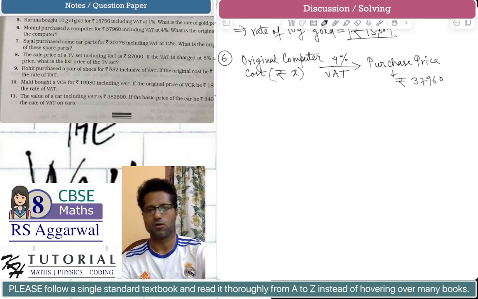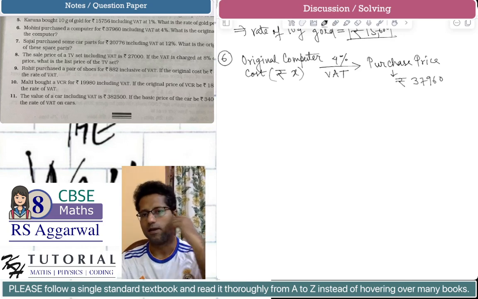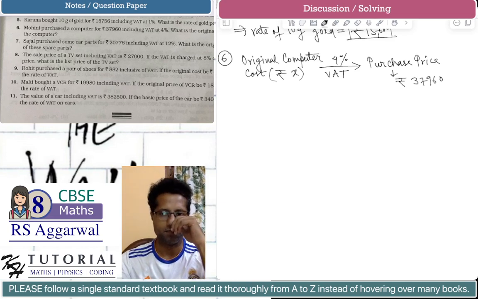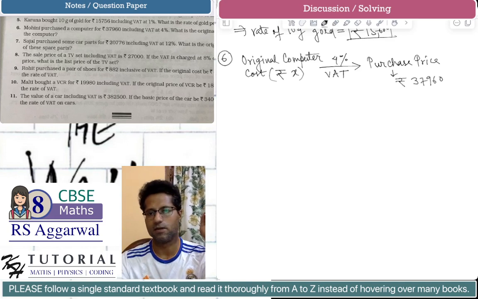So original computer cost we are assuming to be rupees X, and on that rupees X a 4% VAT will be applied, and we will have the final purchase price which is given to be rupees 37,960.